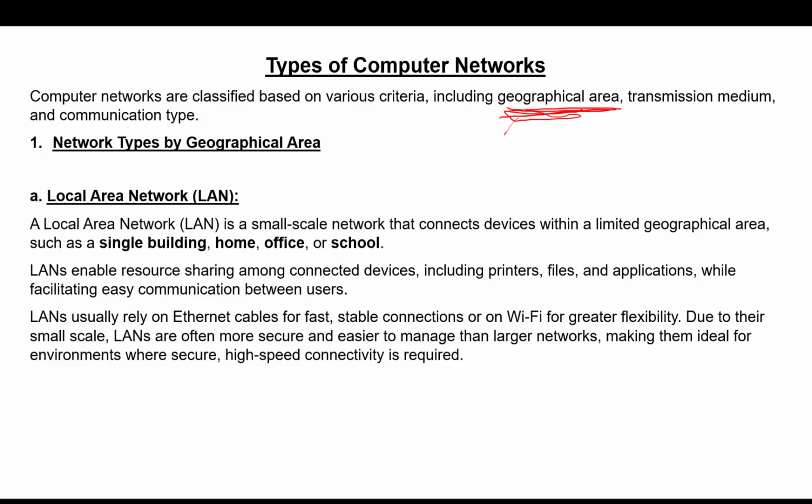Then the second thing is transmission medium. It means which type of communication, the way you want to use. For example, again using the builder as an example, when you want to build yours, how do you want to make your road so that people are able to reach the house?